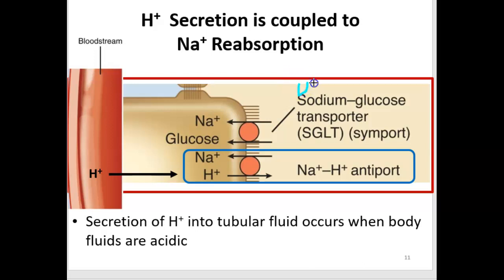So here's the urine. And in the urine is sodium. So sodium is going to be reabsorbed. We already know that sodium can be reabsorbed with glucose. And of course we've got the sodium-potassium pump over here.